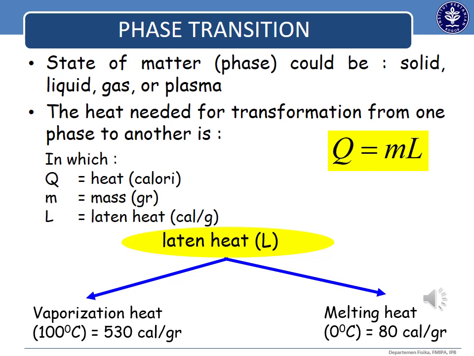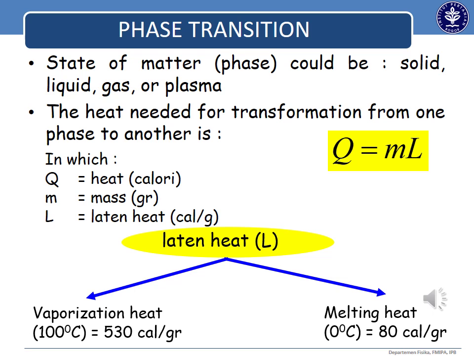For example, the melting heat of ice is the energy needed to change the phase from solid water into liquid water. Solid water means ice. If you want to change 1 gram of ice into 1 gram of liquid water, you need 80 calories per gram.